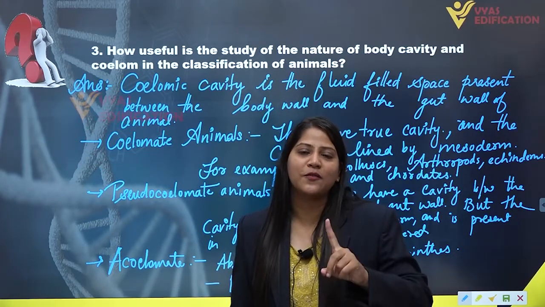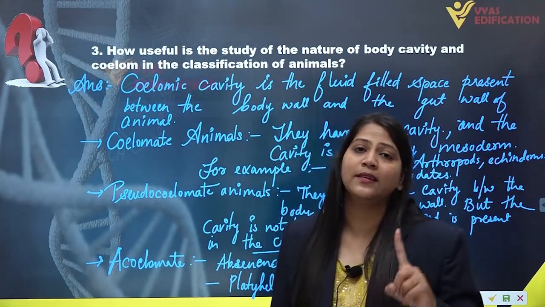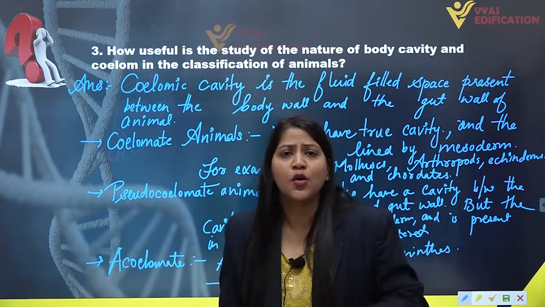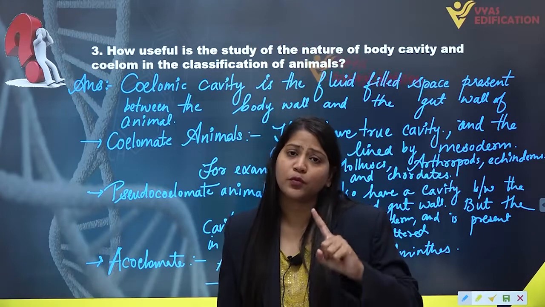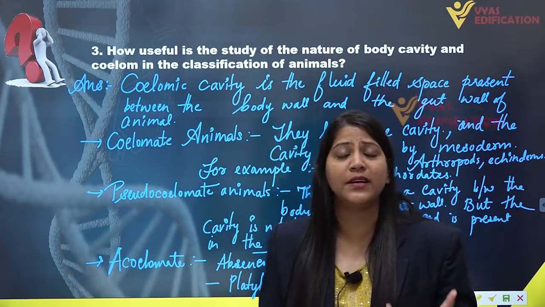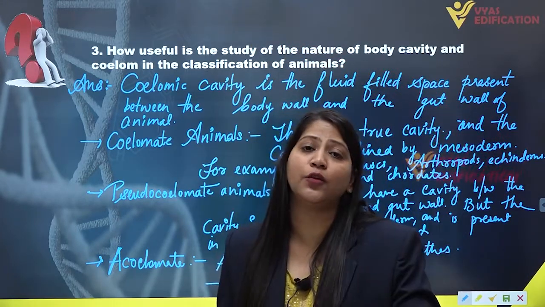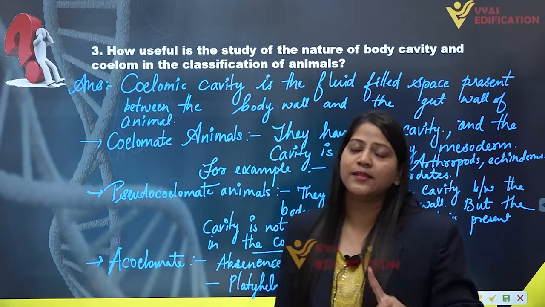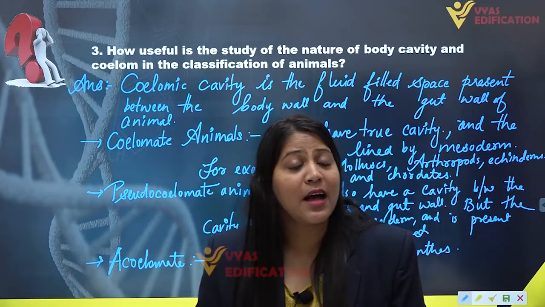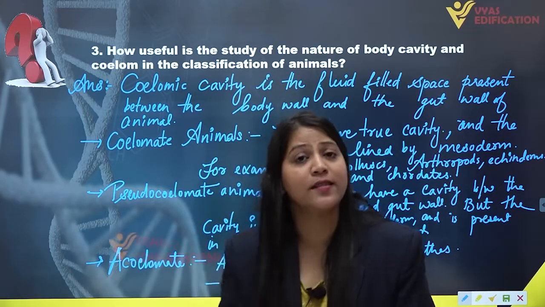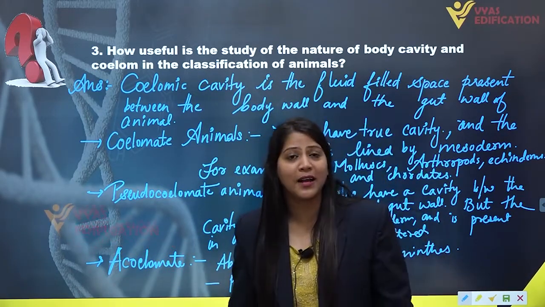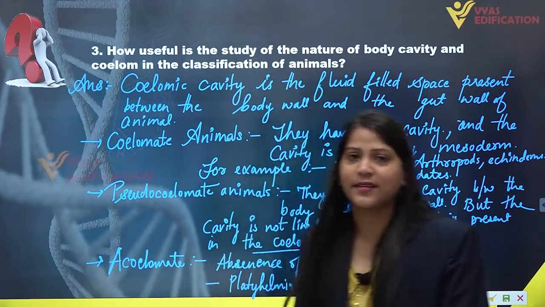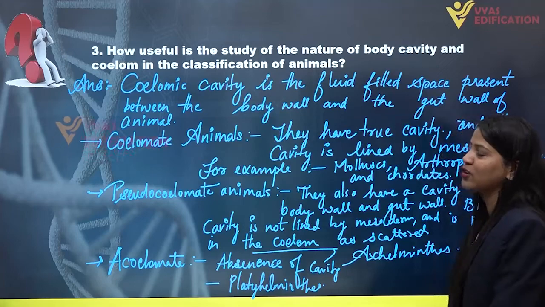And the last one is the acoelomate category, in which all the animals that do not have a coelomic cavity between their body wall and gut wall are put, known as acoelomate animals. For example, we have platyhelminthes, because they are dorso-ventrally flattened and there is no chance of having a cavity in their body. So this is the complete solution of question number 3.